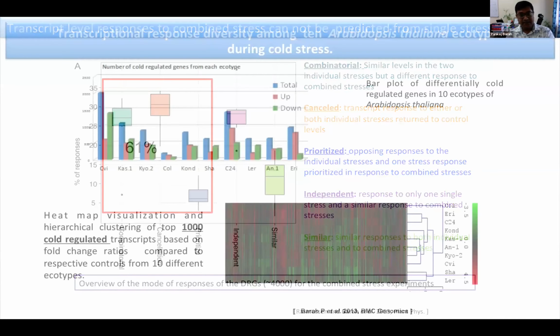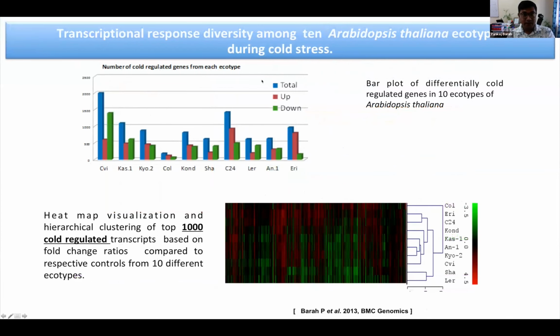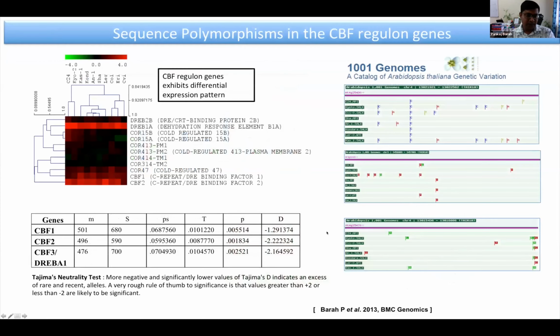So this is another example from the same data set where we have shown, using one stress condition, which is cold, that there are differences among different ecotypes in how they respond to temperature stress. This shows the top 1,000 cold regulated genes in all 10 ecotypes of Arabidopsis thaliana. Then we looked into the cold stress responsive regulon, called the CBF regulon.